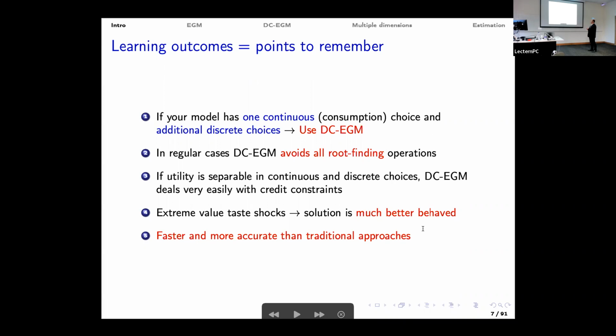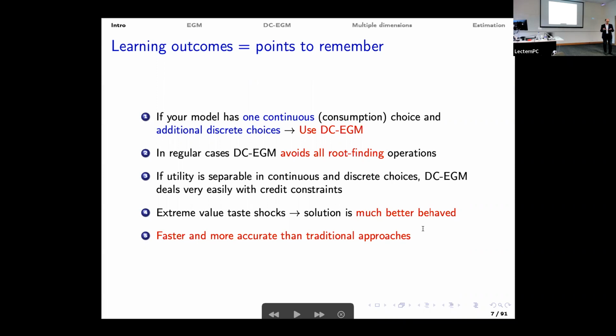I'm saying that if the utility is separable in continuous and discrete choices, then standard credit constraints are also handled by the method really efficiently. And then if you allow for extreme value shocks, the problem becomes much more manageable.